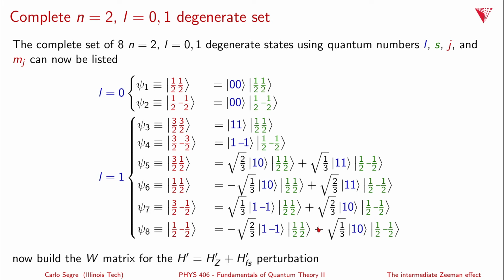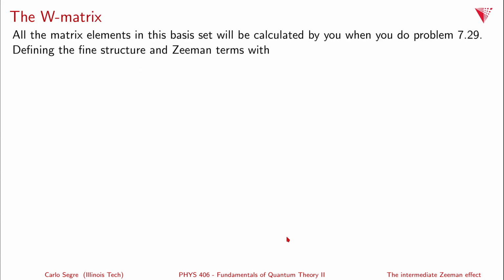Now we're going to build the W matrix for the perturbation H prime, which is H prime sub Z and H prime sub FS. I'm not actually going to do those calculations; you can do them in problem 729. So we'll write them down instead.